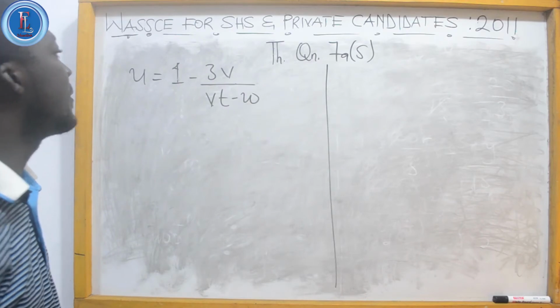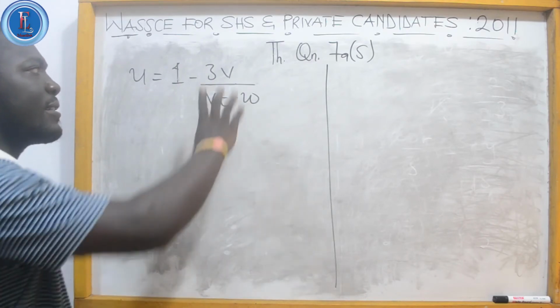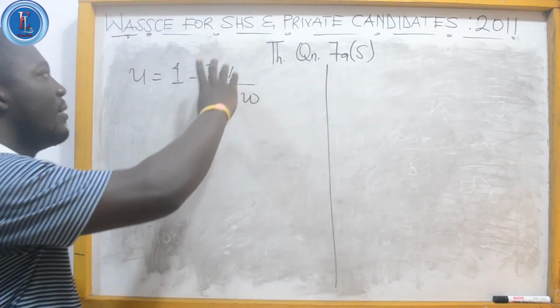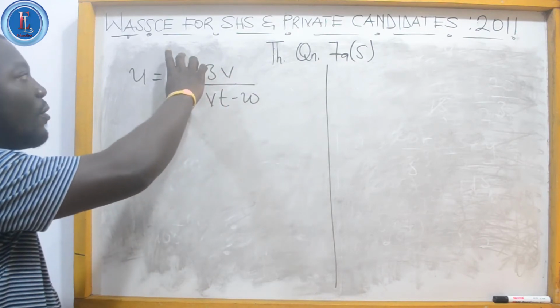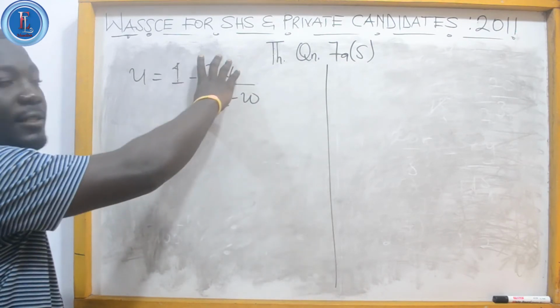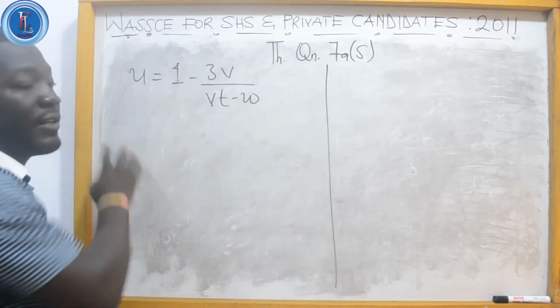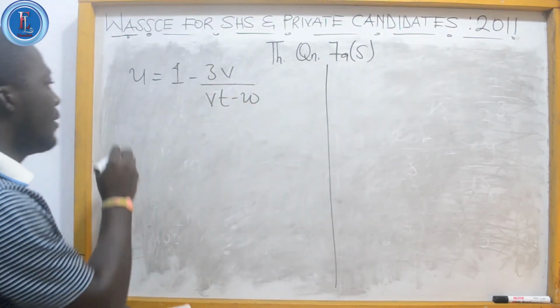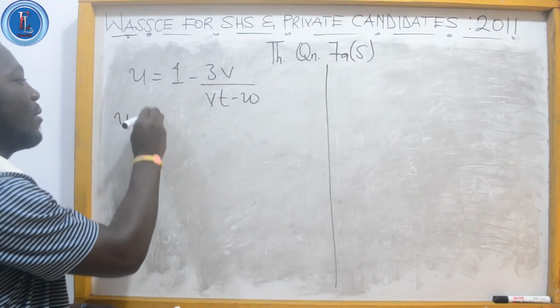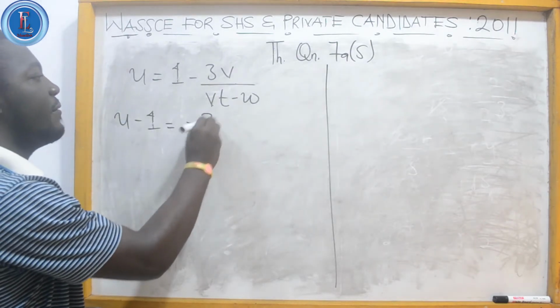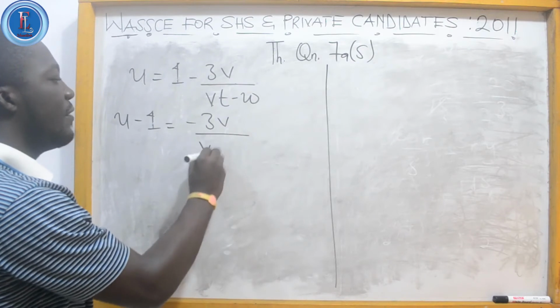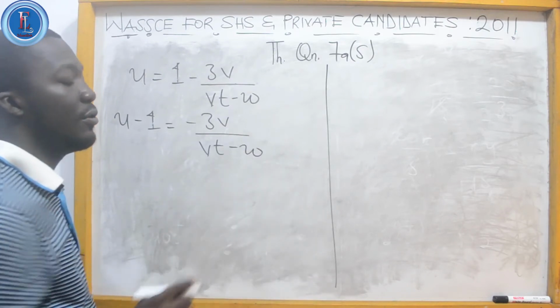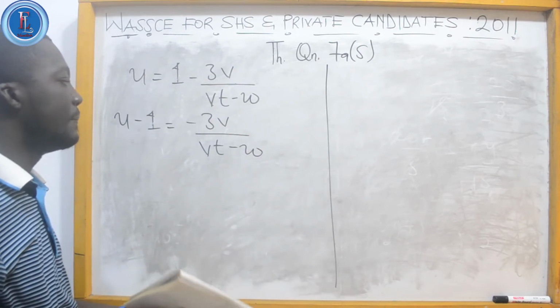Since T is within the second term, we will transpose the one which is not part of where T is to the left hand side. That one is positive, so it will become negative, getting U minus 1 is equal to negative 3V divided by VT minus W, as we have here.